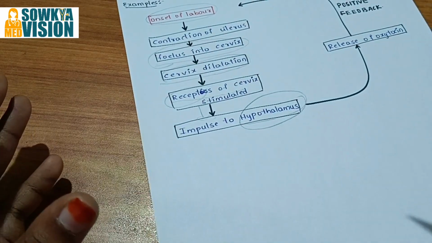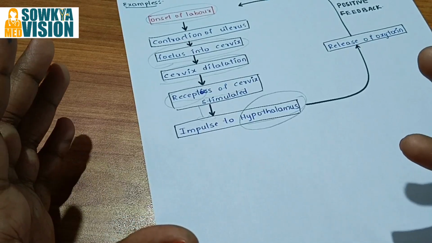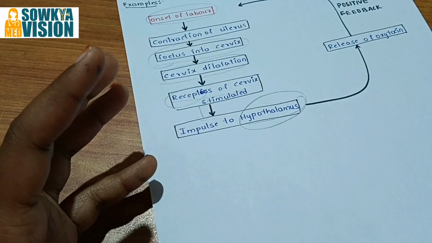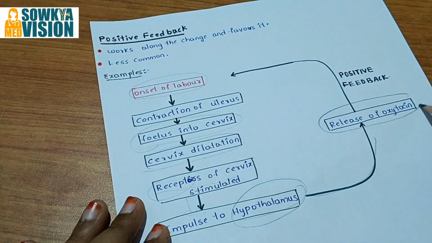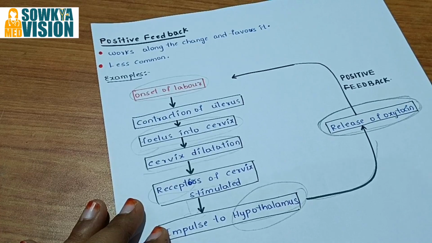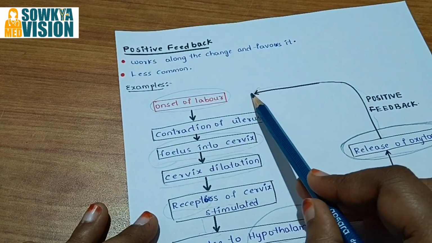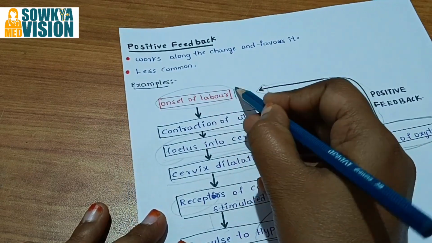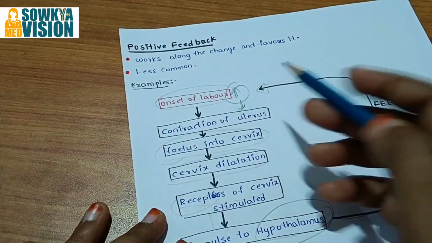The cervix gets dilated, the receptors are stimulated, which gives information to the hypothalamus to release what? Oxytocin, which works along the change. So the oxytocin again increases the contractions.